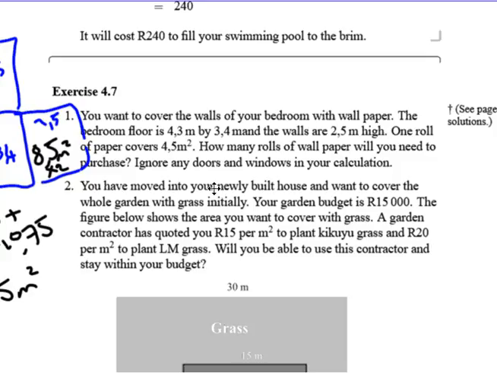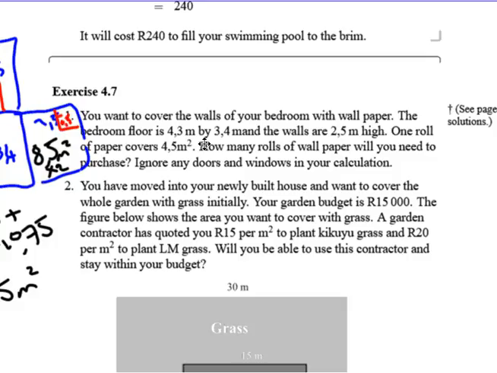What would happen if there were doors and windows in the calculation is the following. Let's say, for example, we had one door over there, which measured 1 by 1.5, let's say. And let's say in this wall over here, we had a window which measured 1 there and 0.5 there.